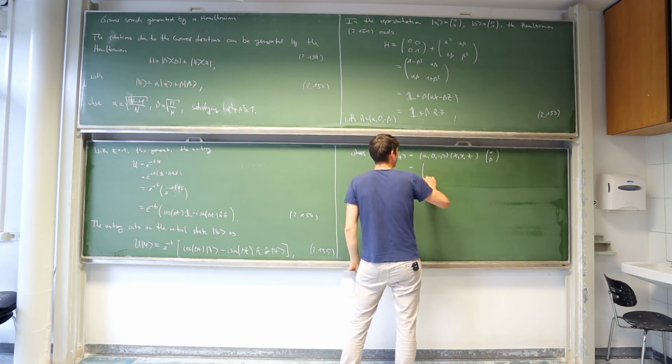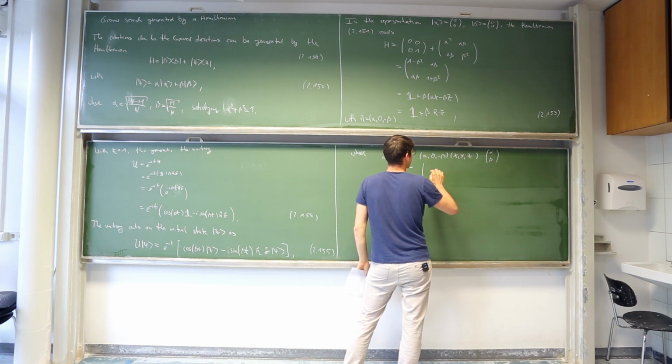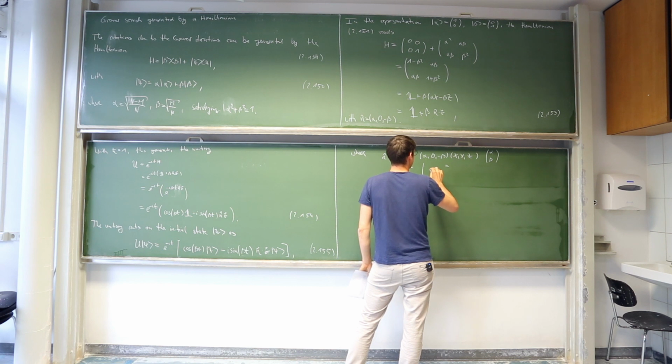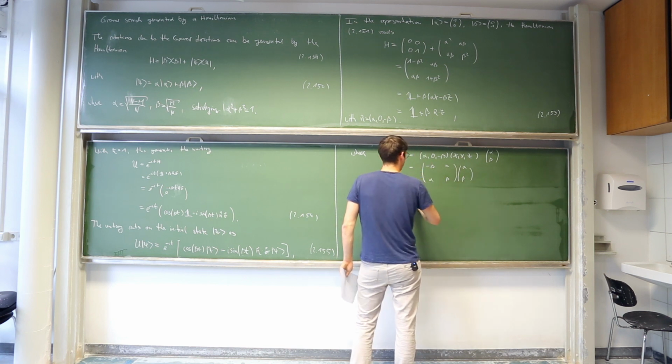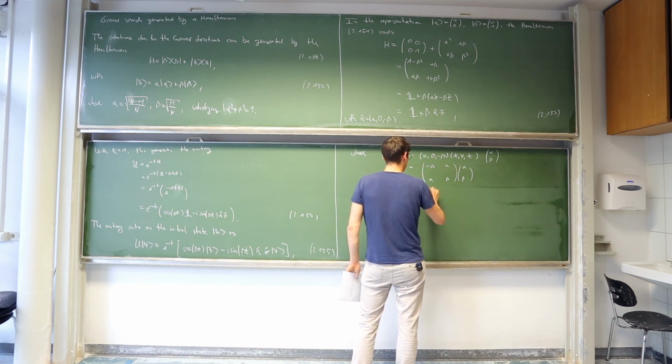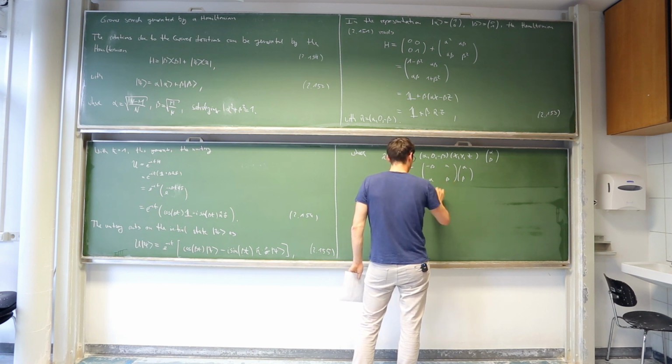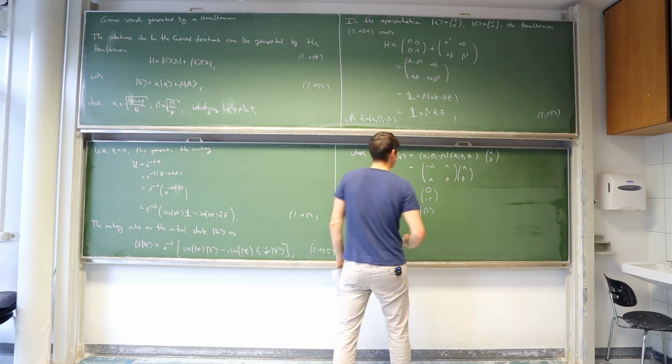So this gives alpha x. So we have here some alpha, and then minus beta z, so we have minus beta beta times alpha beta. So this gives 0, and this gives alpha squared plus beta squared is 1. So this is nothing else but beta.